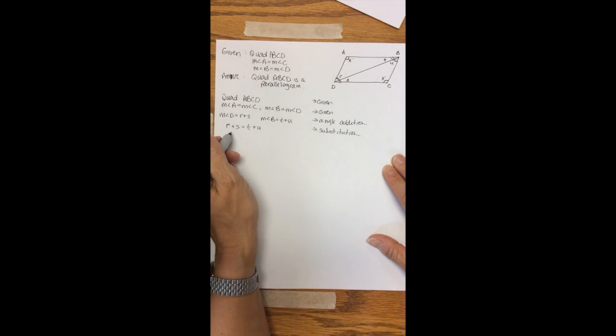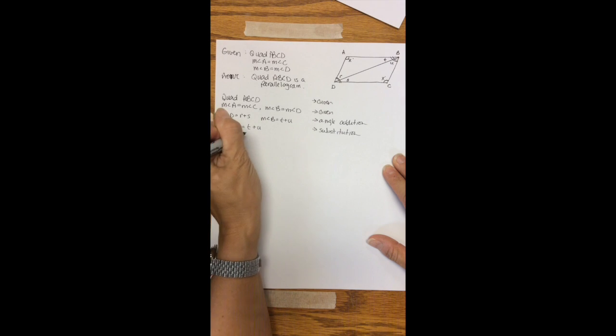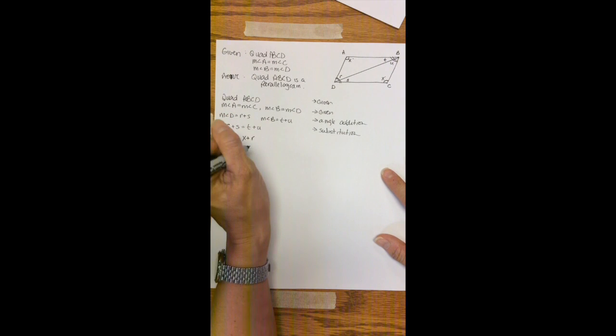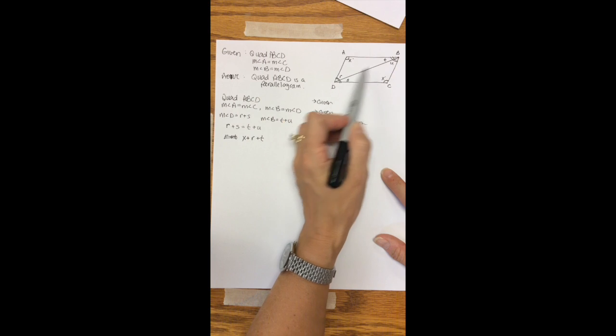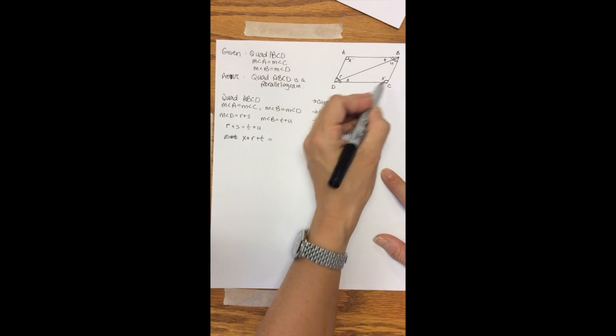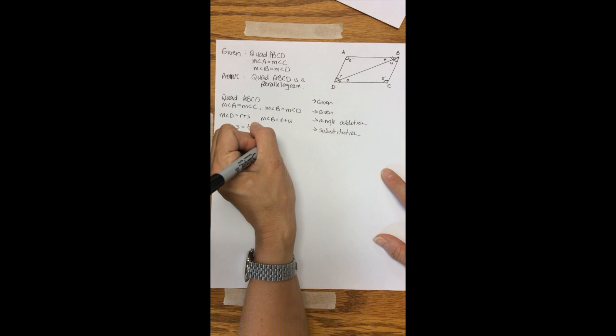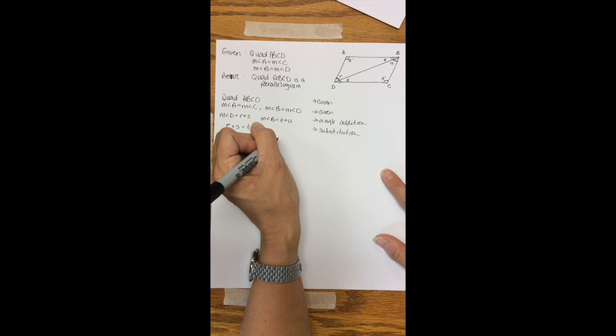So we have R plus S equals T plus U. We're going to go ahead and subtract R plus T. Wait a minute. Oh, no, sorry. We're going to add all of those angles together. X plus R plus T is the inside of this triangle. X plus R plus T is going to be equal to this triangle because they're both 180. The inside of a triangle always equals 180.